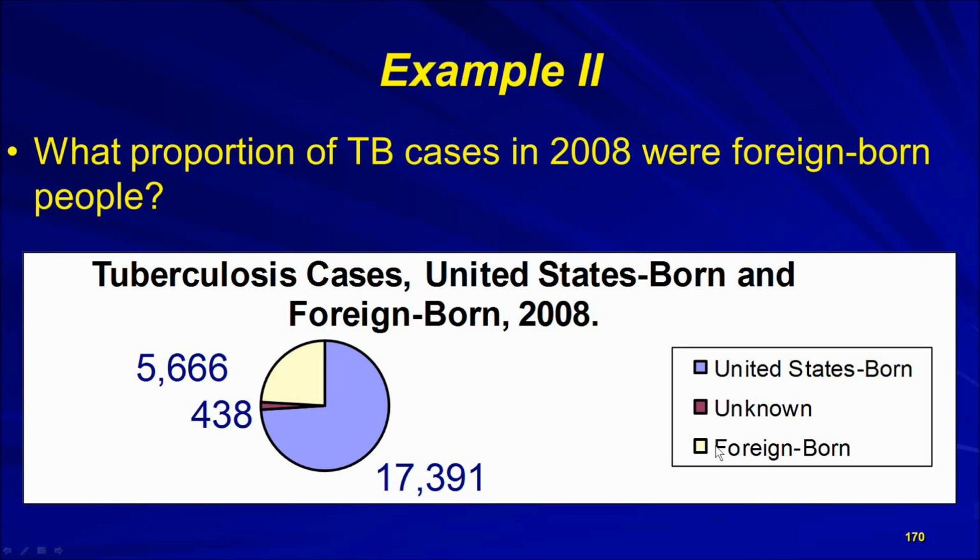Is that correct? The cases designated in red, we don't know whether they are foreign-born or not, or domestically born, but they do have TB, right? So we don't know what country they're from. Are you with me?